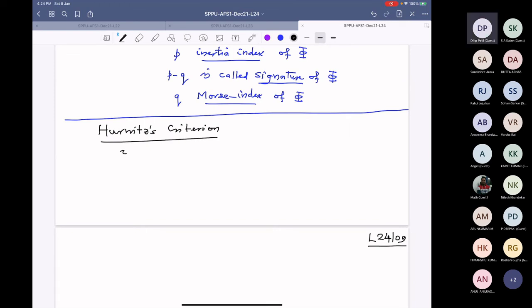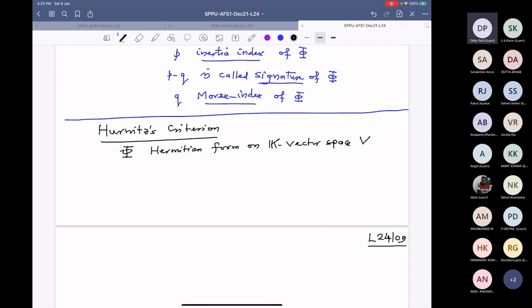Phi, as usual, is a Hermitian form on a K vector space V, finite dimensional. And again, remember the case of symmetric bilinear form over R is included.